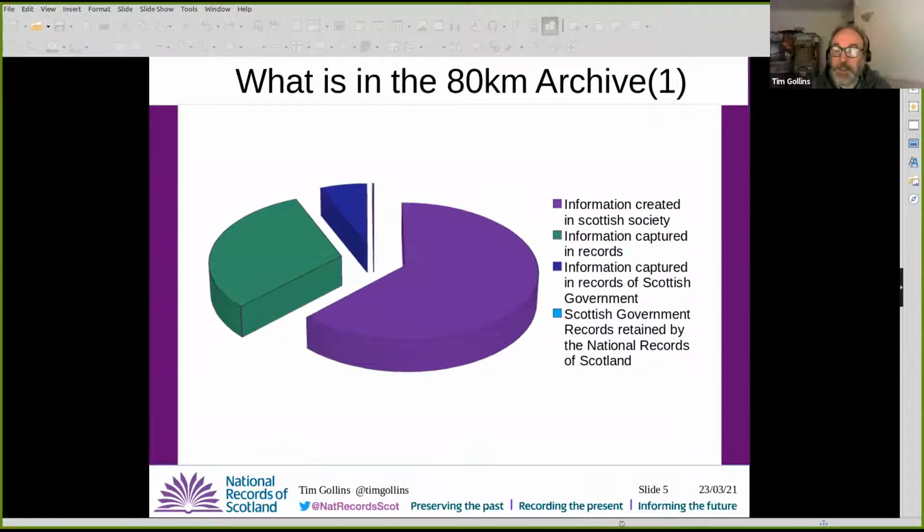And then you need to get your magnifying glasses out now, because that little line that looks like it's an artifact of the drawing is in fact the actual collection of records that we retain in the National Records of Scotland as a proportion of the information created in Scottish society. It's minuscule.